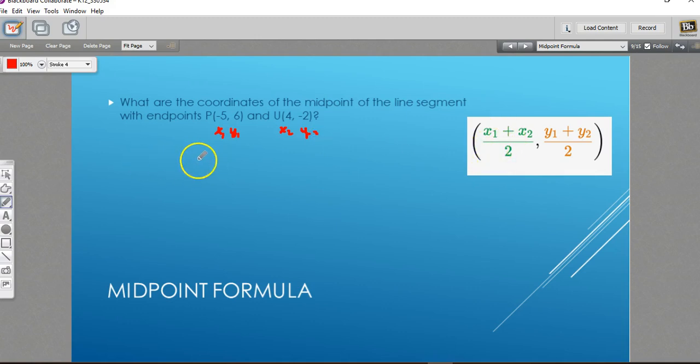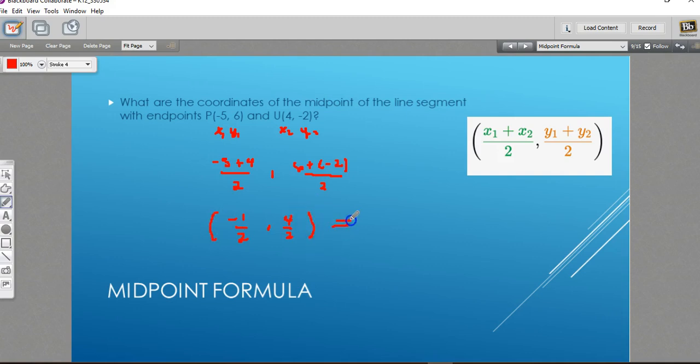So x is -5 plus 4 divided by 2, and our y is going to be 6 plus -2 divided by 2. So we'll have -1 halves and 4 halves.